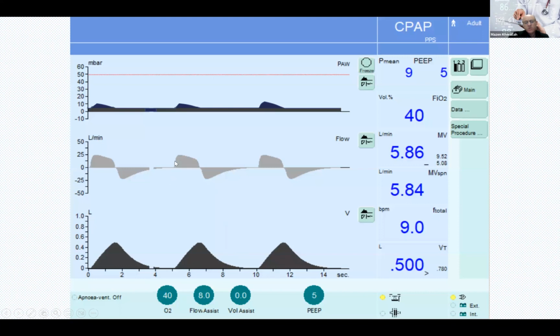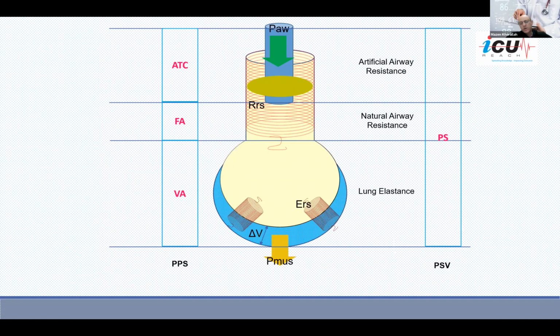And the flow, since the pressure is high at the initiation of the breath, goes up to the highest level and then goes down gradually. So this way you can see that what we set is a flow assist to overcome the airway resistance.